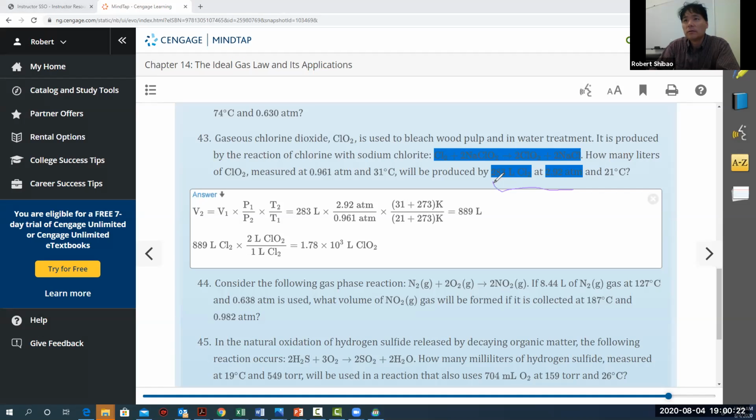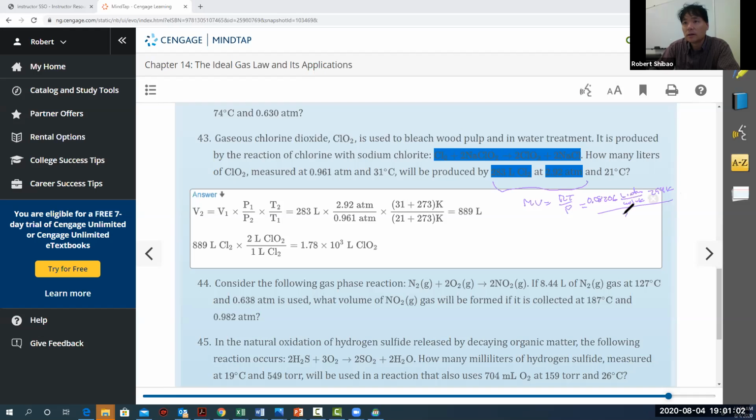All right, let's calculate the molar volume here. Molar volume is RT over P. And so R is 0.08206, T is 21 degrees, so that's going to be 294 Kelvin, in liters, atmosphere, per mole, Kelvin.